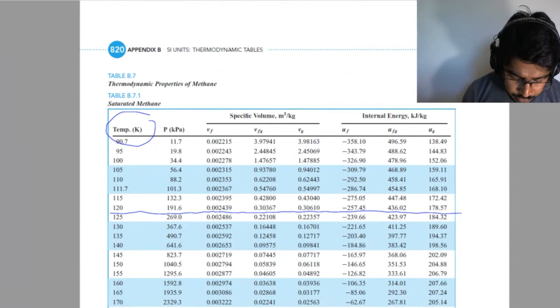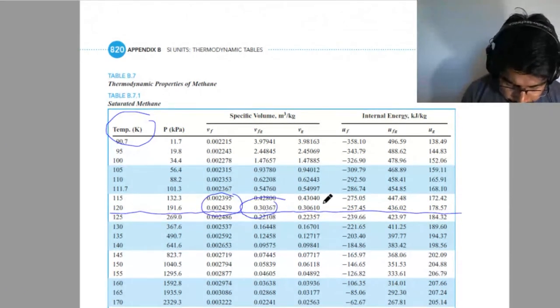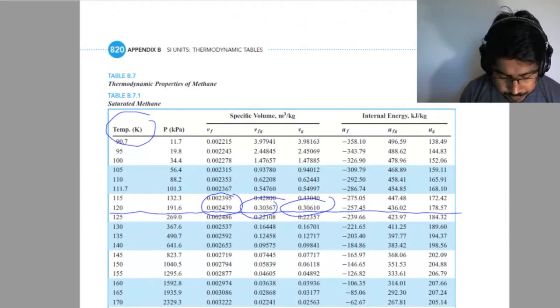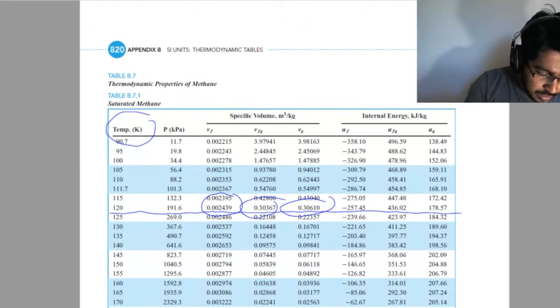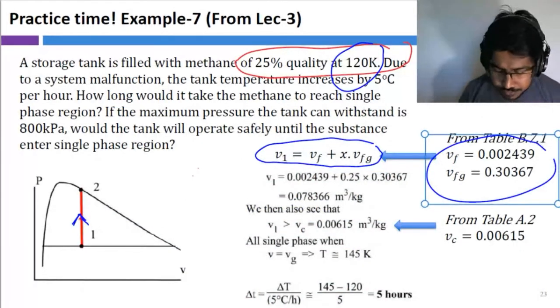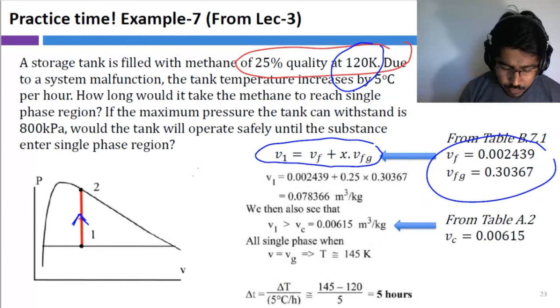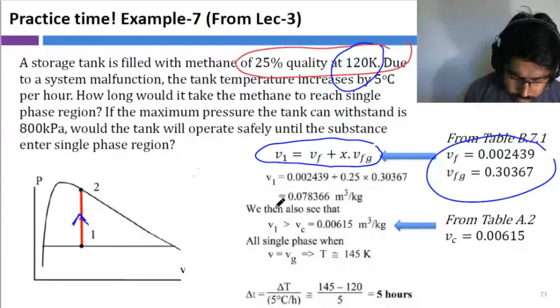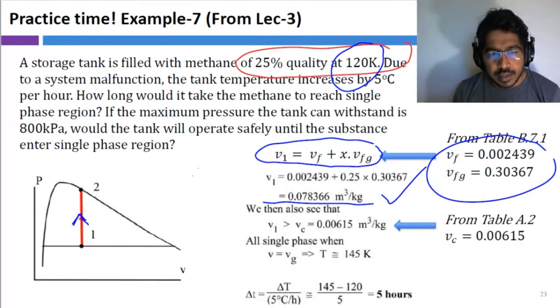What we needed was Vf, Vfg, and Vg, right? So we bring that up here. And now we have Vf and Vfg, so we can nail down the specific volume at state 1. Are we clear about that one?